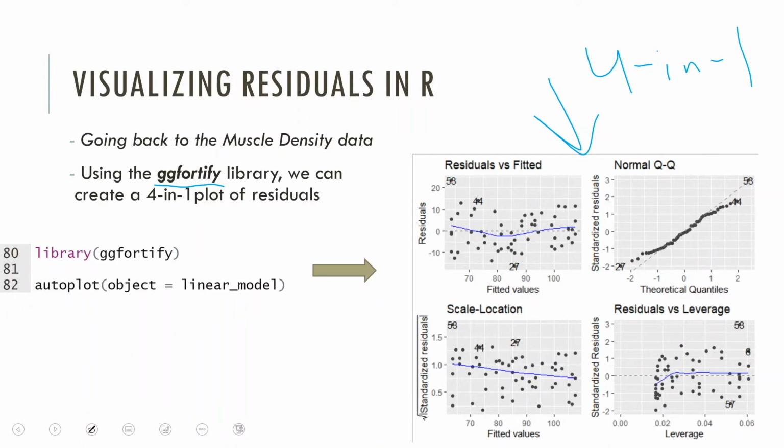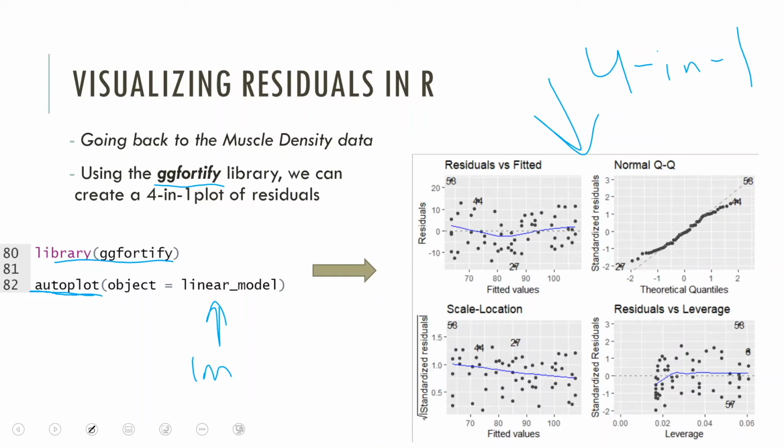But it's telling us the same thing. So we call in the library ggFortify, and within that library is a function called autoplot, and you just put in your linear model. Pretty easy, and it gets you this 4-in-1 plot.